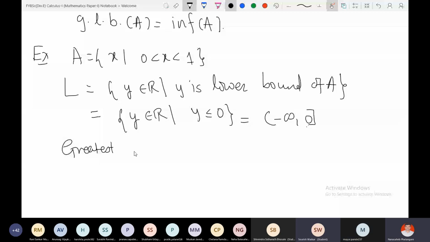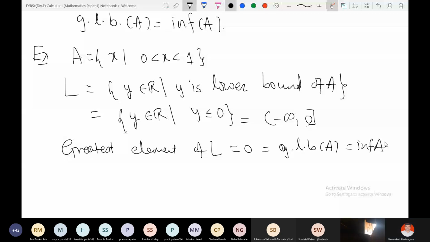The greatest element of L is 0, which is the greatest among all lower bounds of A, which is the infimum of A. This is a simple observation you can make. And therefore it is unique, right?